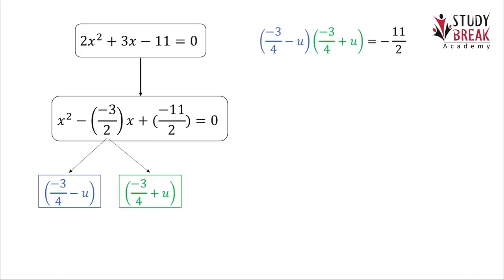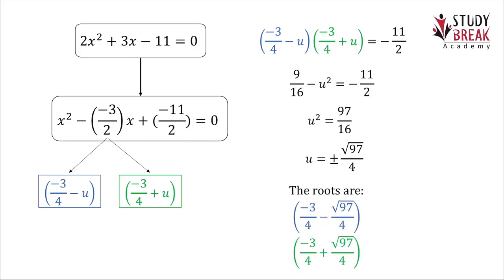Multiplying them, we should get minus 11 by 2. Expanding, we get u squared equal to 97 by 16. As we can see, 97 is not a perfect square. So u turns out to be plus minus root 97 by 4. Hence the roots are minus 3 by 4 minus root 97 by 4, and minus 3 by 4 plus root 97 by 4. So you can see how a very complex quadratic equation can be solved this easily in this much lesser time.